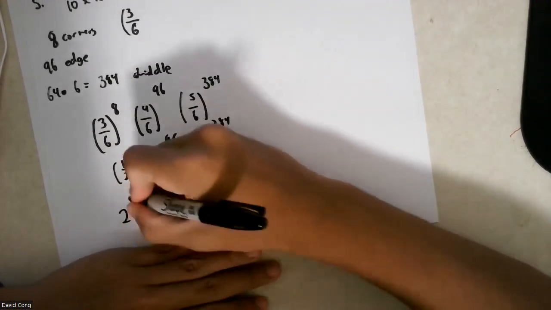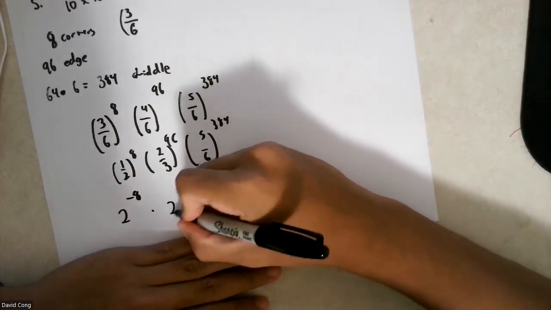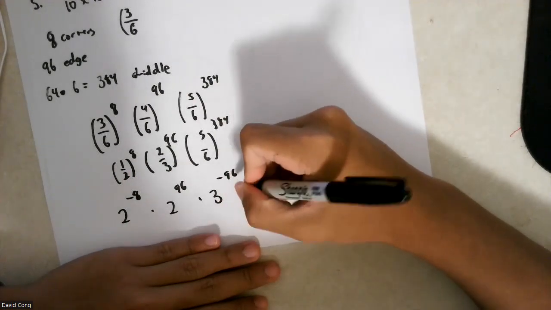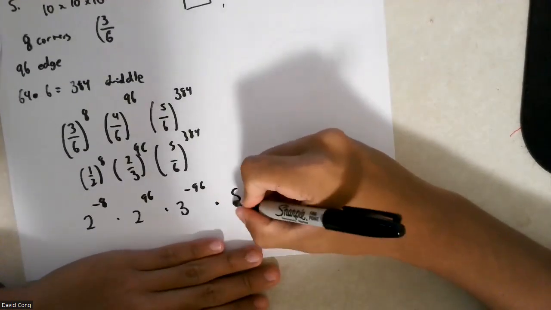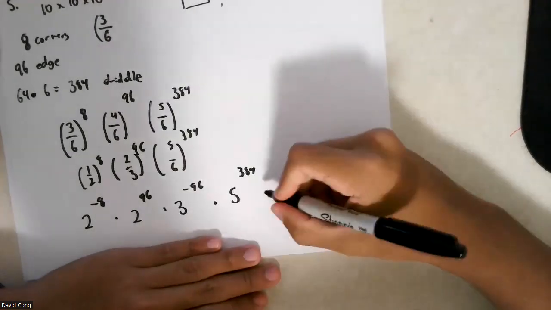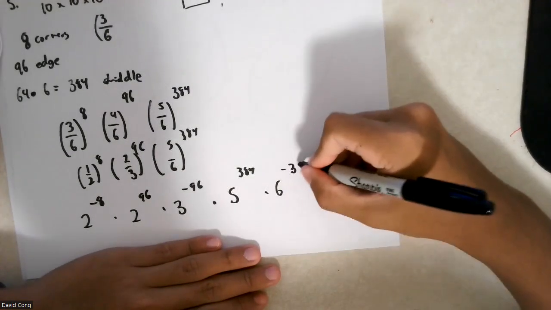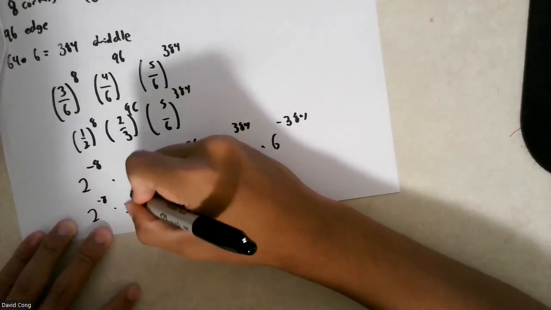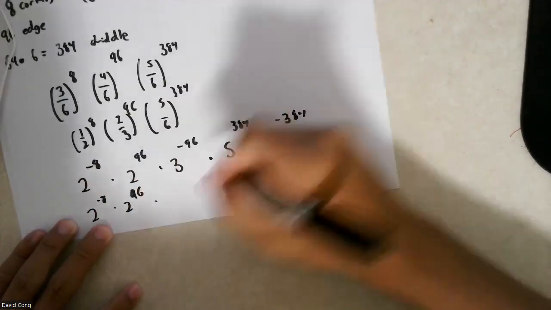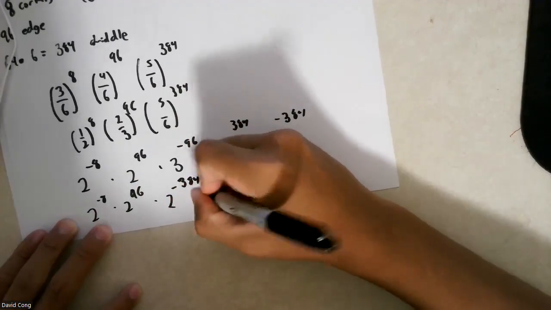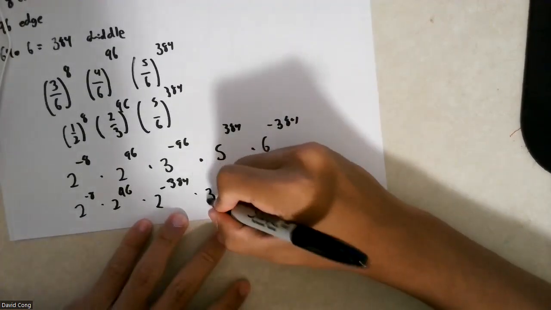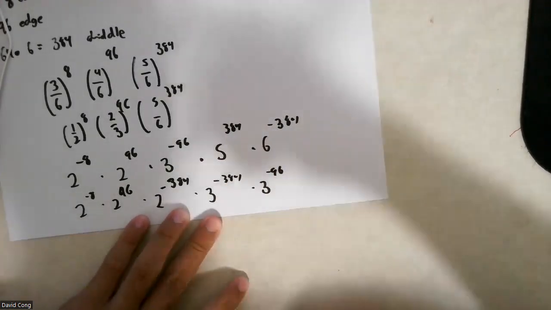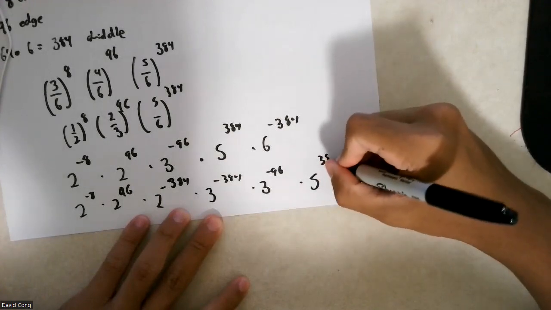We have 2 to the negative 8 times 2 to the 96 times 3 to the negative 96 times 5 to the 384th. And 5/6 to the 384 is 5 to the 384 times 6 to the negative 384, which is 2 to the minus 384 and 3 to the minus 384.